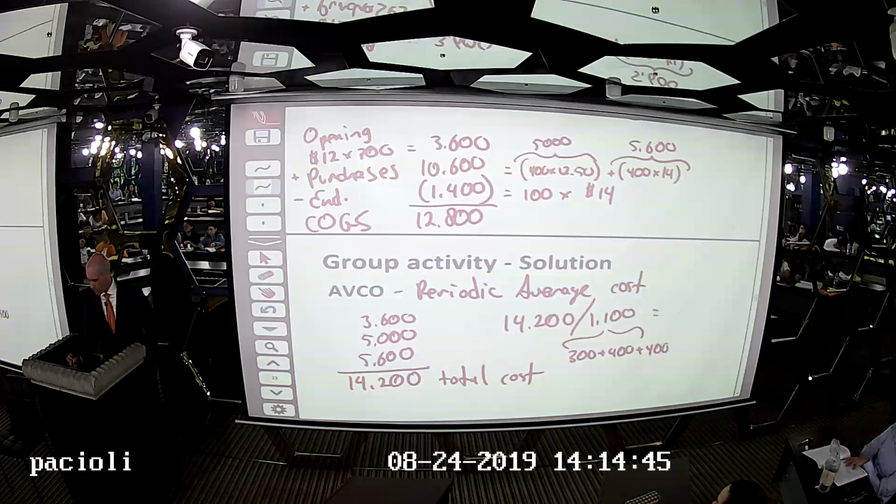So total cost divided by total units gives us 12.90909090. You can just round to 12.91.